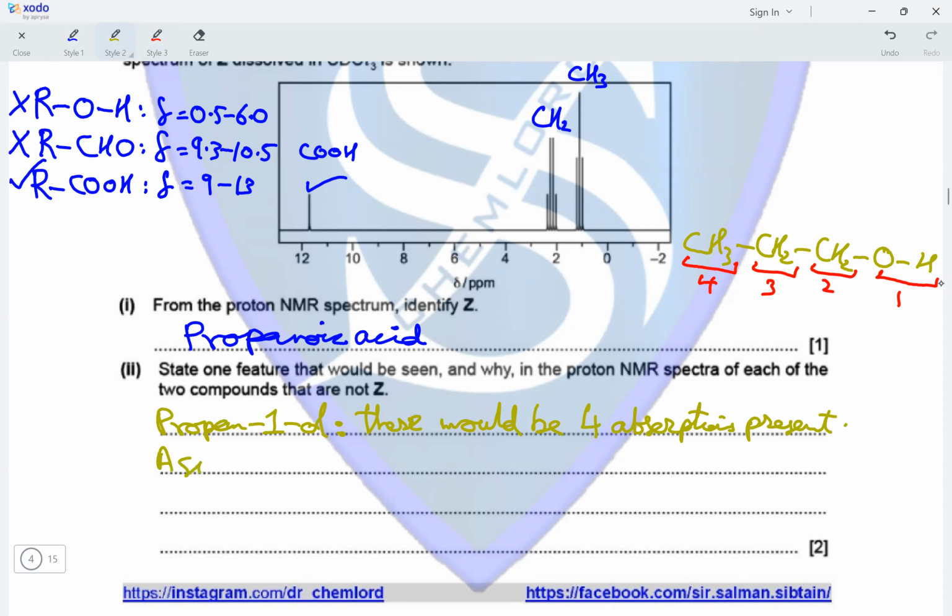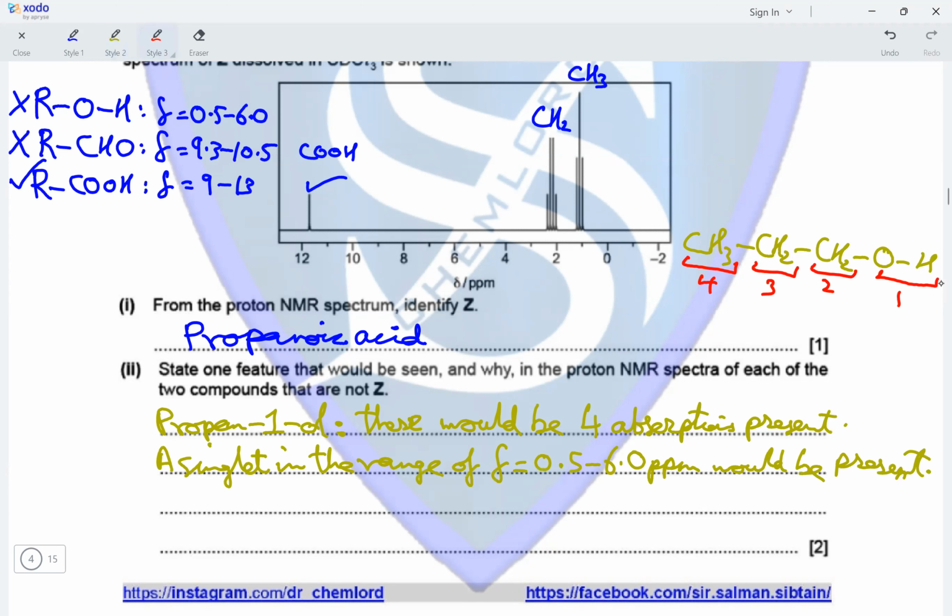a singlet in the range of delta equals 0.5 to 6.0 ppm would be present. And this singlet is due to the OH group, which is not there in the given NMR spectrum.